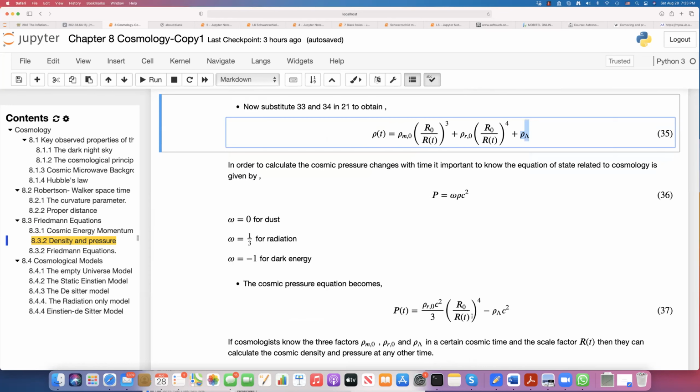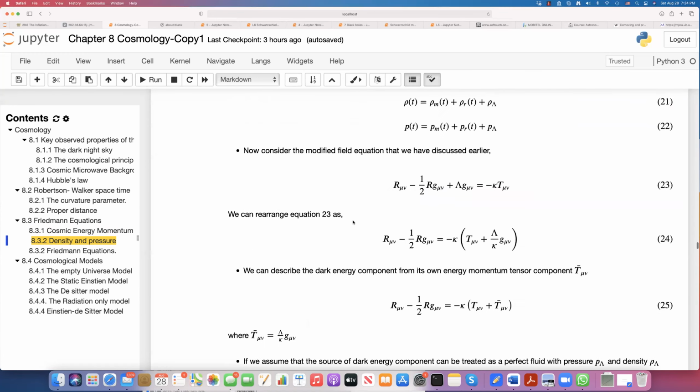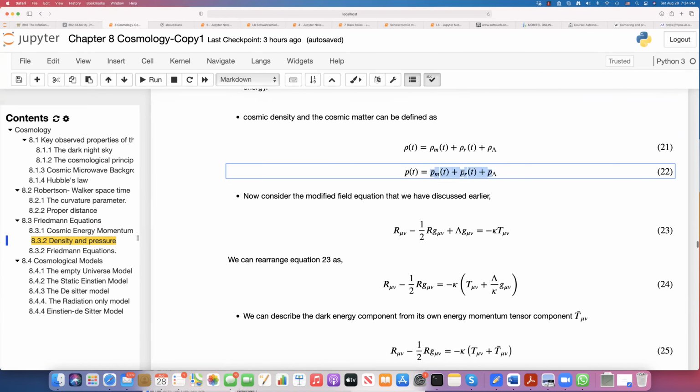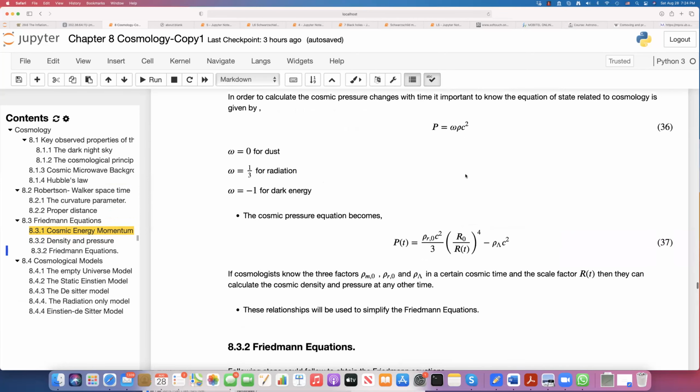Which will give you a new equation for the pressure, derived based on the equation of state for cosmology and these three values that omega can take, and combining all these things with equation 21, 22 is right here. That is this equation, right? So this first term will be 0, and you have a second term and a third term there. You will get this equation right here, right?